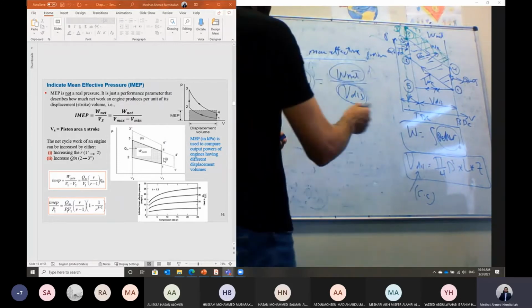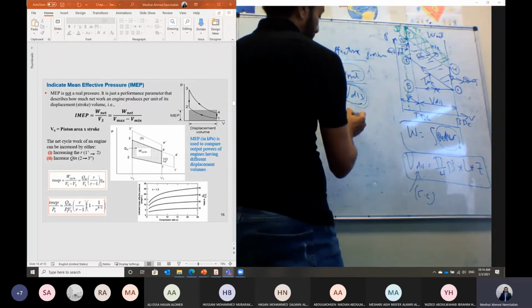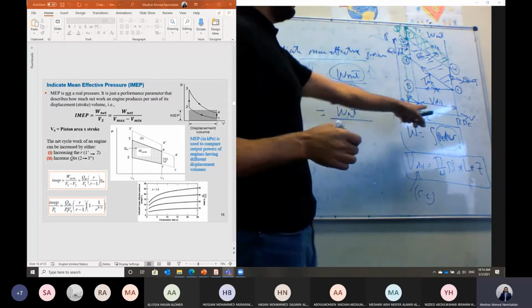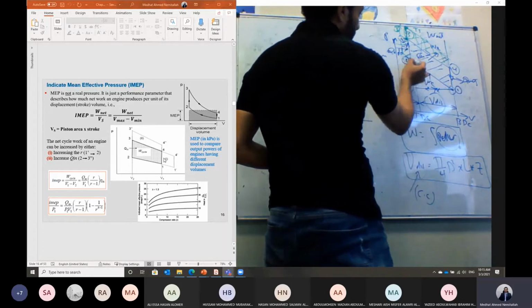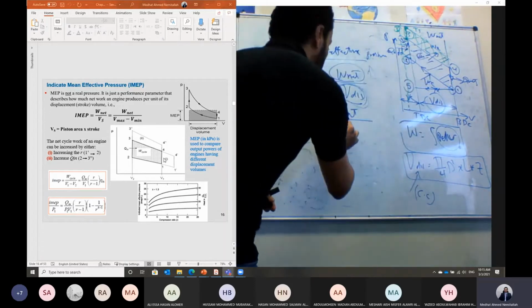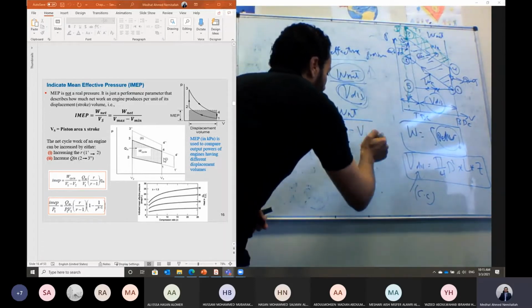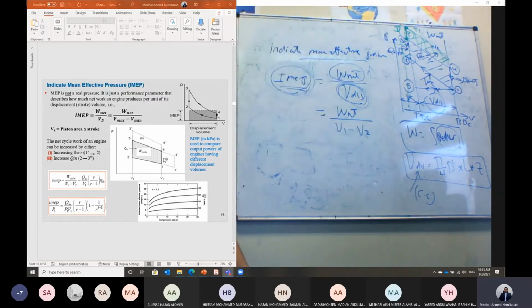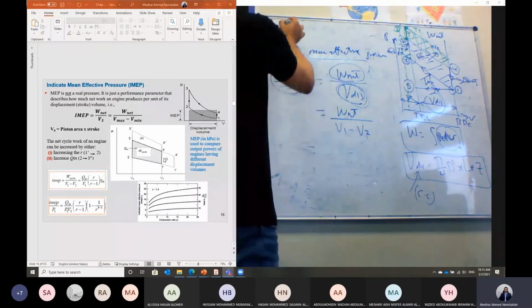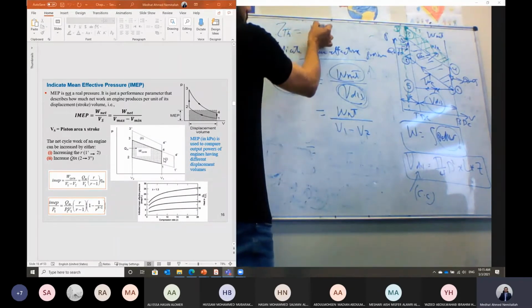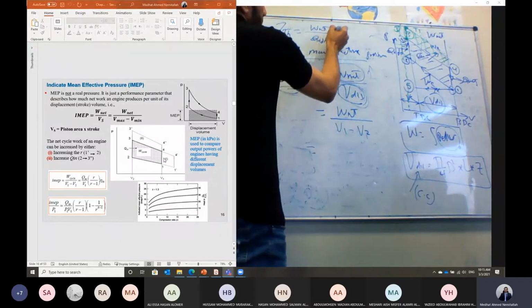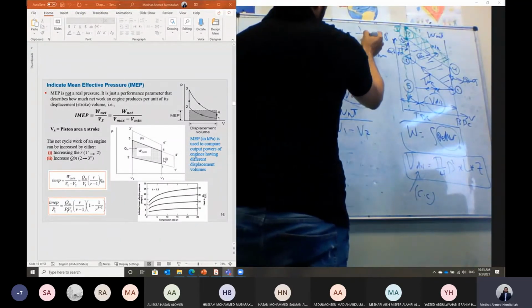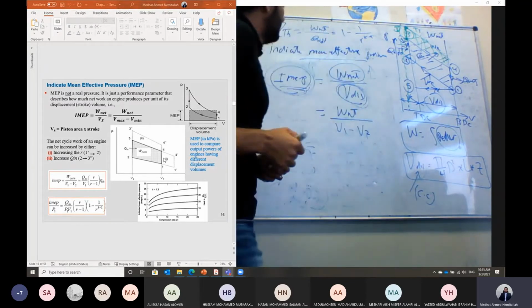But if we look here, the indicated mean effective pressure will equal work net divided by the displacement volume. Displacement volume is the difference between V1 and V2. So it will equal work net divided by V1 minus V2. And this work net comes from the thermal efficiency, which is work net divided by Q added, which is equal to 1 minus 1 over R to the power K minus 1.